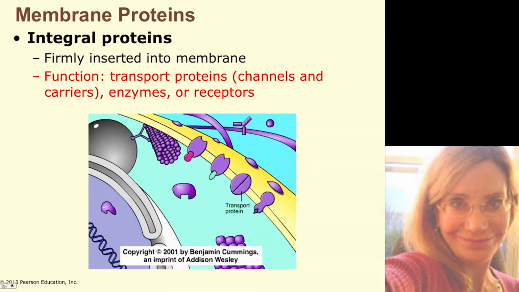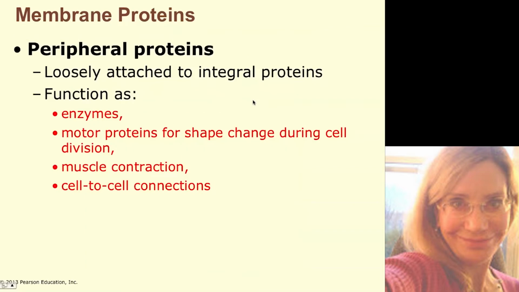So basically, there are a couple categories of membrane proteins. There are integral proteins. These include all the proteins that are inserted into the membrane. Their functions include transport proteins, either channels or carriers, some are enzymes, and others are receptors. And then there are peripheral proteins.